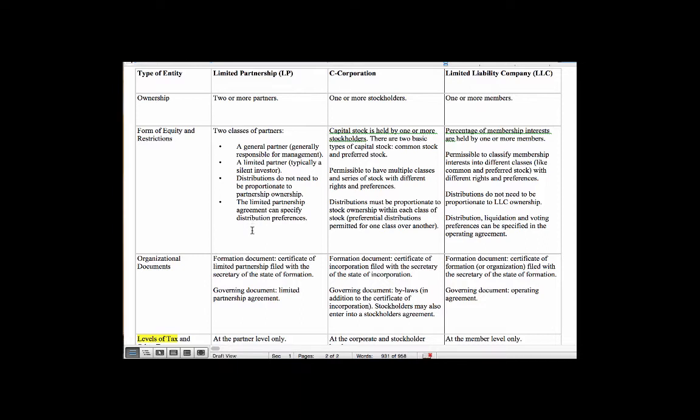We can say, this person's entitled to 40%, this person's entitled to 60%. In a corporation, to get to the same result, we have to play with the blocks we are given. So if we want to give 40% to someone and 60% to another person, we have to make sure that we have 40% of the common stock being distributed to that person and 60% being distributed to the other person. We have to play with the pieces we've been given. We can't just write exactly what we want.